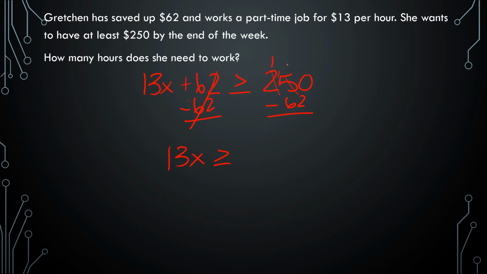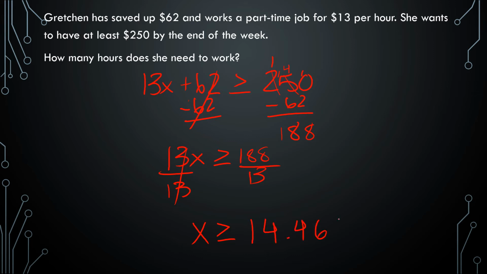I need to borrow, this becomes 14 and 10, so this is 8 and 8 and 1. So 188. Let's divide both sides by 13. And I have x is greater than or equal to, about 14.46 hours. So she needs to work at least 14.46 hours to get that $250 she wants by the end of the week.